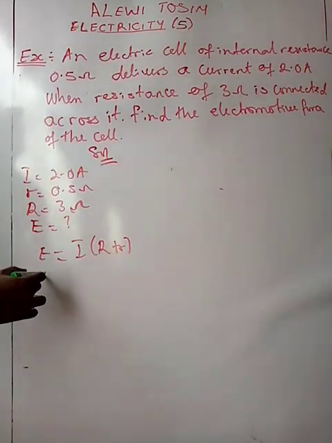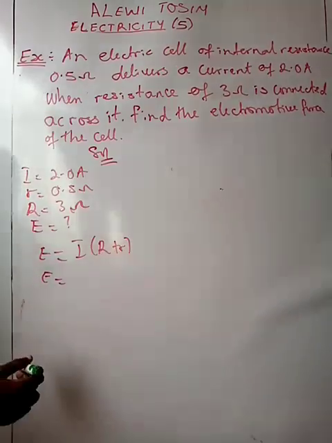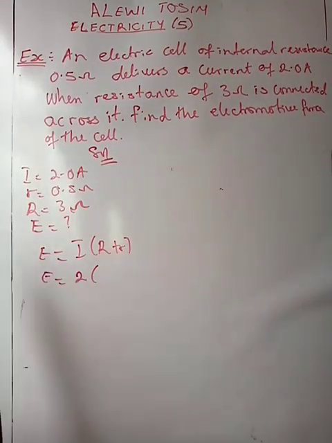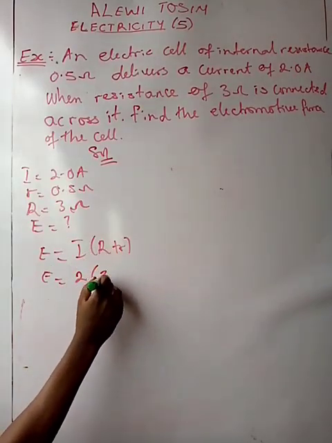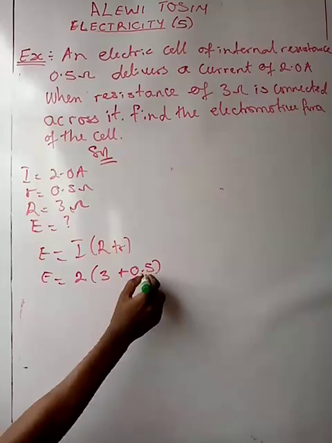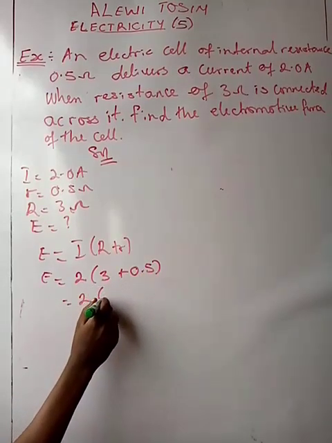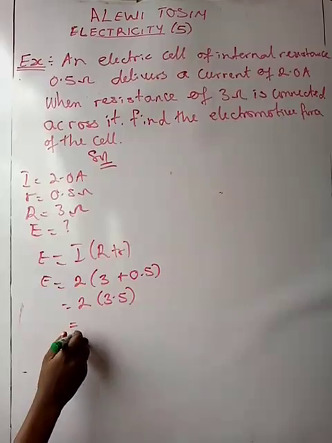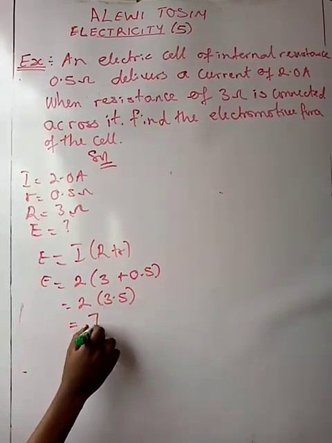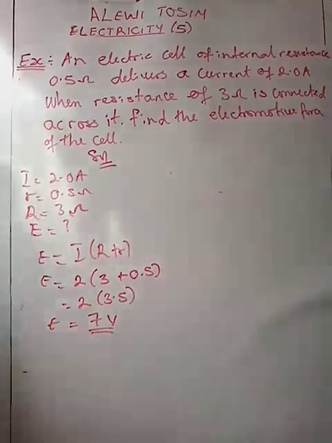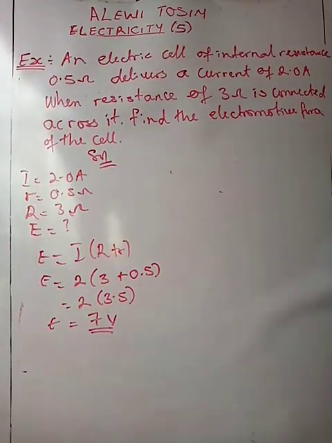So our E, which is the electromotive force, will give us: our I is 2, big R is 3, small r is 0.5, which will be 2 times 3.5. 2 times 3.5 will give us 7. That's 7 volts. And that is the solution for finding the electromotive force.